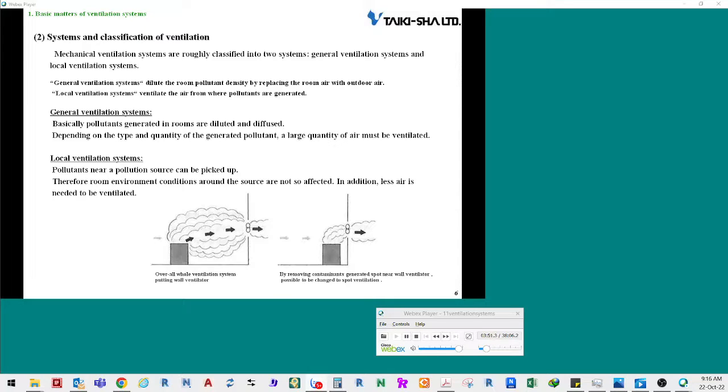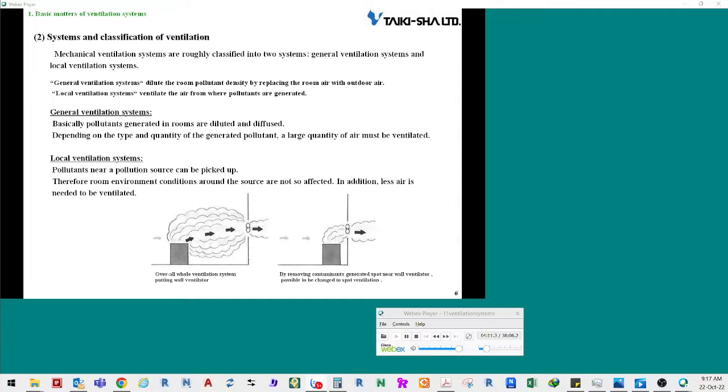Mechanical ventilation systems are also roughly classified into two systems. General ventilation systems dilute the room pollutant density by replacing the room air with outdoor air. The local ventilation system ventilates the air from where pollutants are generated.